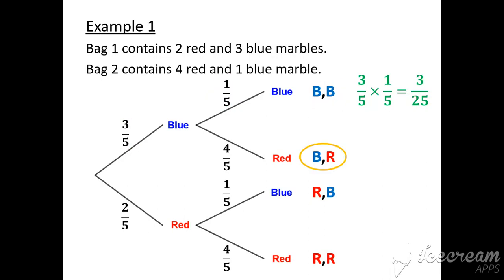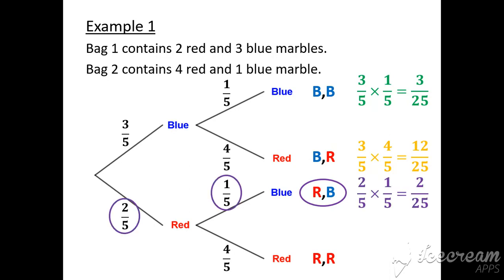Right, let's move on to this outcome. Blue marble from bag one, red marble from bag two. Again, I'm going to multiply the probabilities on the branches. So 3/5 times 4/5 gives me 12 chances out of 25. There's 12 chances out of 25 that I get a blue marble from bag one and a red marble from bag two. I'll do the same for this outcome. Multiply the probabilities, that gives me 2 chances out of 25 of getting a red marble from bag one and a blue marble from bag two.